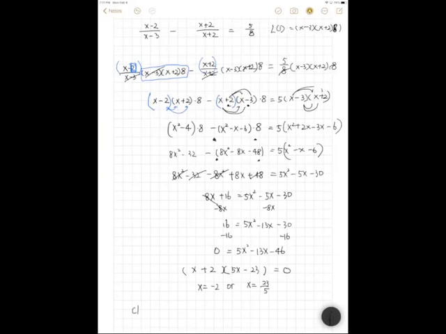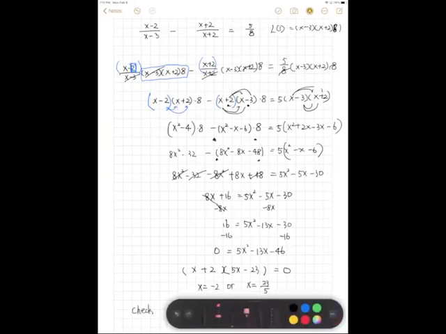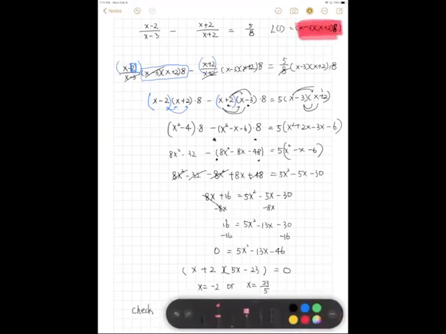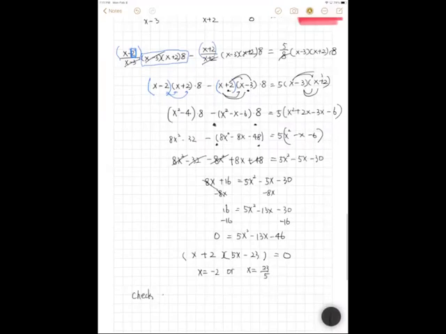Again, we want to check the solution by plugging into the least common denominator. Well, negative 2 plus 2 is equal to 0. By the zero product rule, 0 multiplied by everything equals 0.